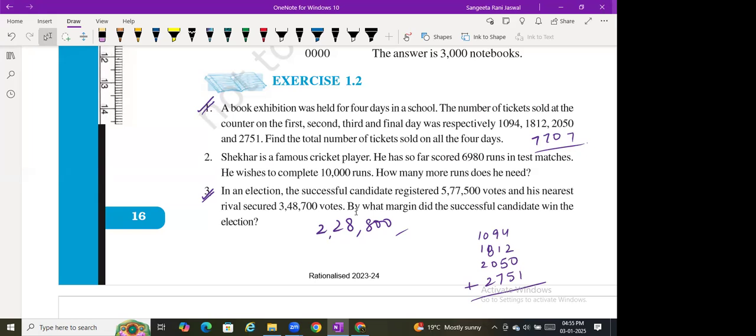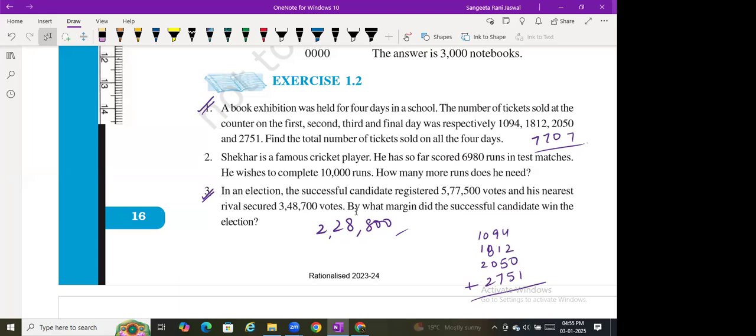Yes, Nishika, what will you do here? Ma'am, you would subtract his 10,000 runs and then the runs for his test match. You will do the subtraction, okay? Chalo, please write down now. What will be your first statement, Nishika? Ma'am, number of runs in the test match.